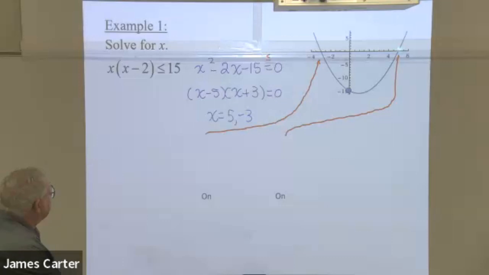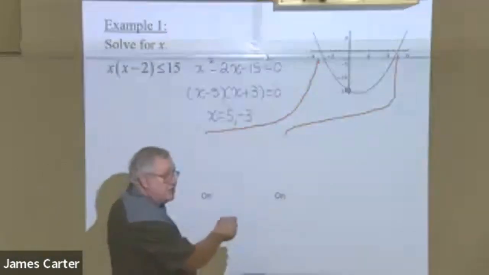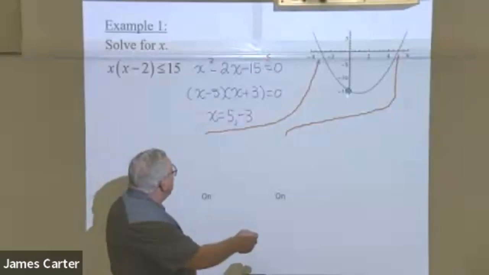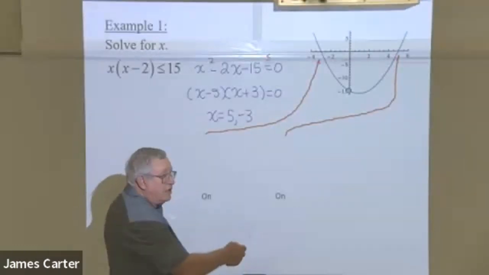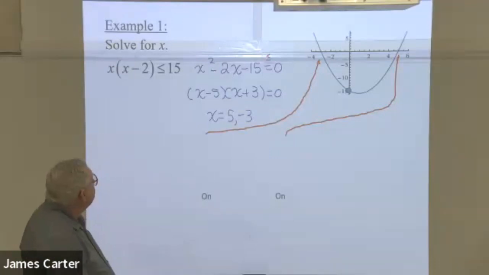Then we plot them. Here is the x equals 5 up here. Here is the x equals -3. We look at this to find our y-intercept. So our y-intercept is down here at -15. Okay?